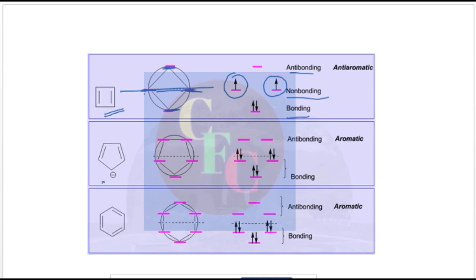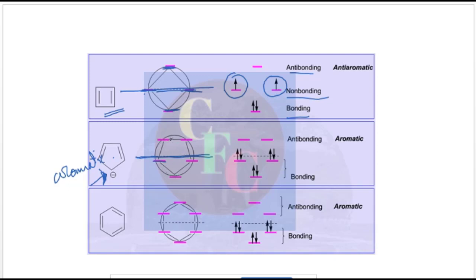See, the cyclopentadienyl anion was aromatic. We have already found it is a 6 pi electron system. Similarly we have drawn it, so the horizontal diameter goes here. None of the points of the polygon is touching the horizontal diameter. 3 of them are touching below and 2 of them above.